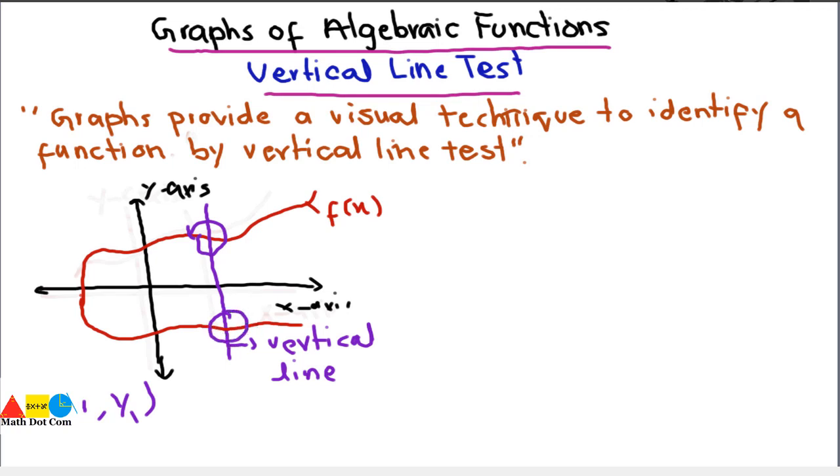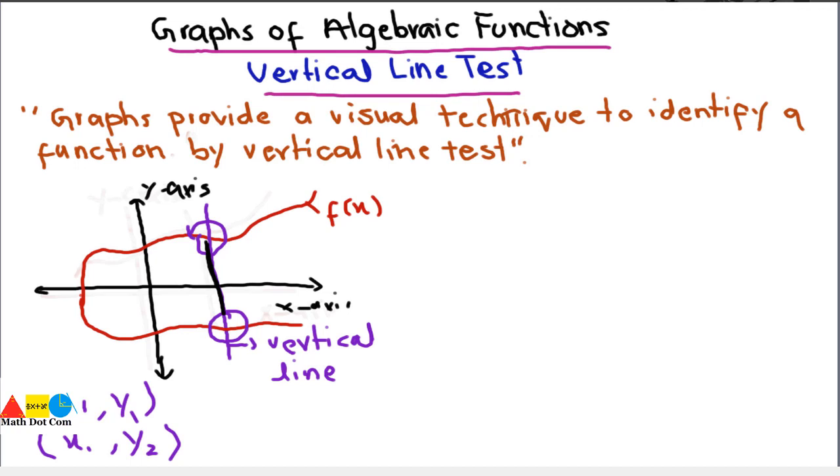Here again, what is the value of x? Here the value of x is x1, but the value of y changes to y2. Why is the value of x the same? Because this line is on the same point on the x-axis. This means we have the same x point, that is the same input value.